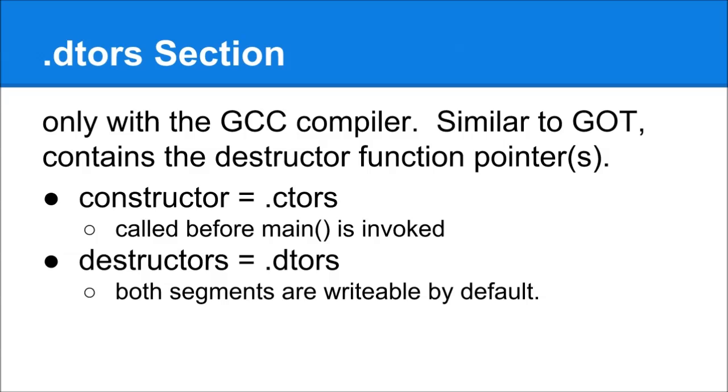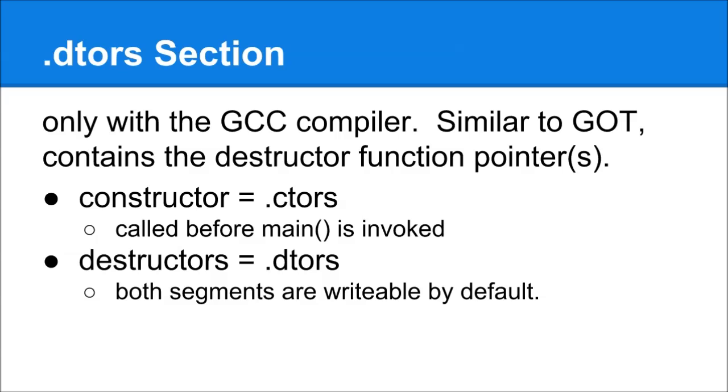There's also the .dtors section. It's for destructors, and it's really only with the GCC compiler. It contains the function pointer to the destructor, and the destructor usually runs after everything else has run and is done, doing garbage collection. The constructor, however, runs before most things run, and before most programs get a chance to interact with the user, or with a hacker or a malicious user.